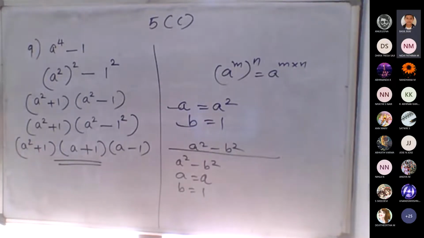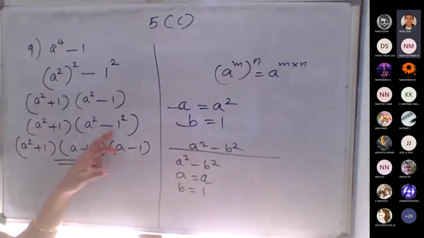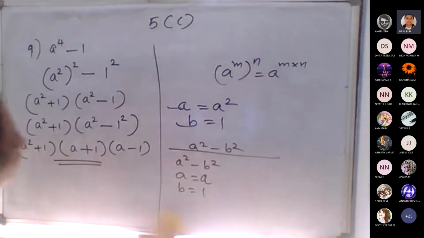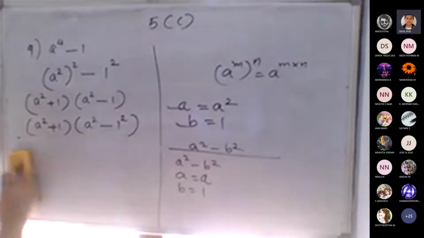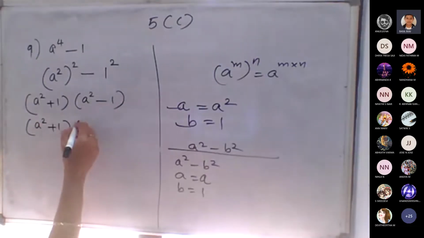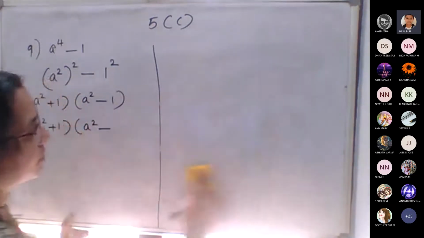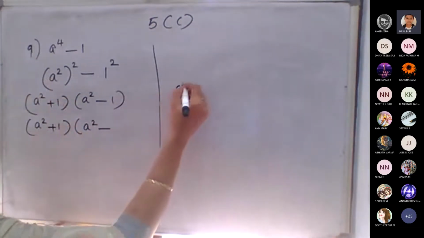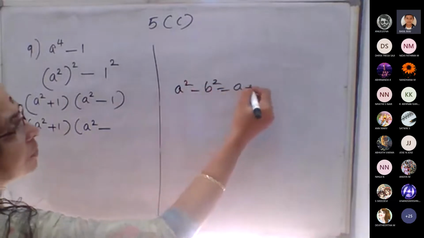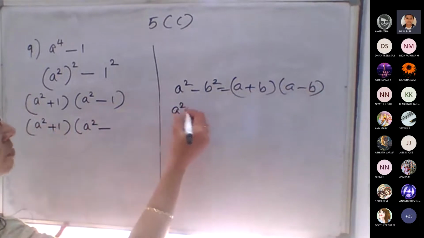Can you explain once more? Which one? Last two steps. Okay. Up to this we got a square minus 1. That means a square minus b square, we have the formula what? A plus b into a minus b. Same model only, we got a square minus 1.